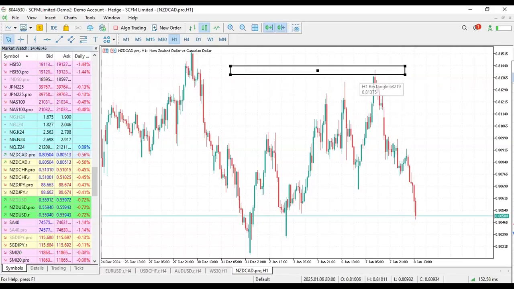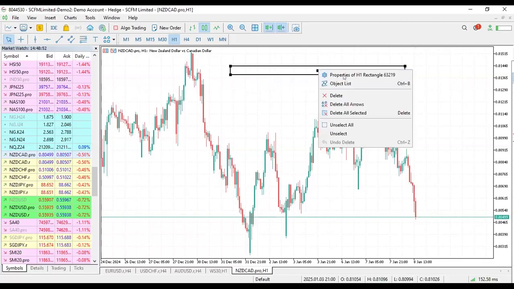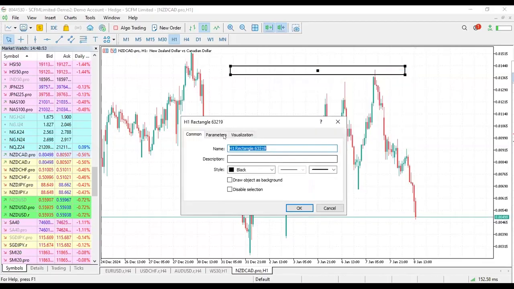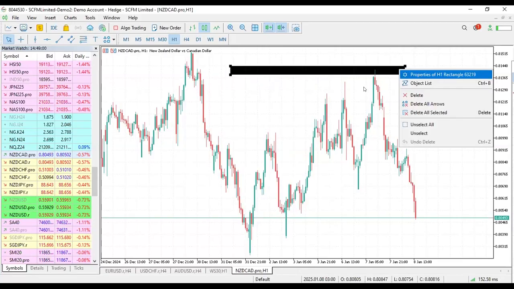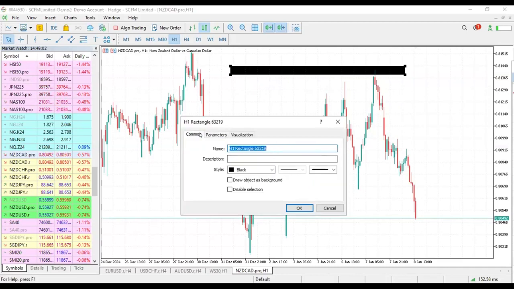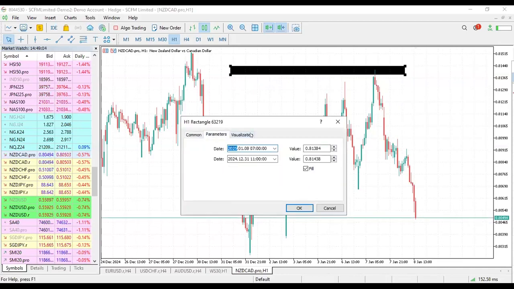Let's say you want to fill these objects, you want it filled with a different color. You can right click and go to properties, then parameters, and then click fill, like that. If you want to change the color, you can come again to parameters.